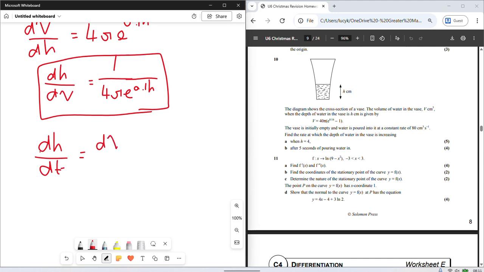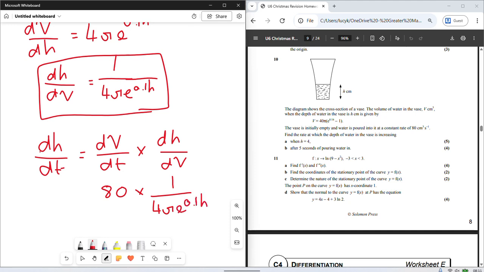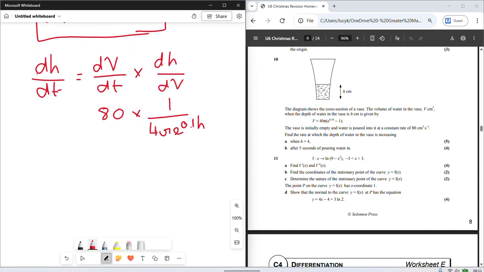It's dV by dt times dH by dV. dV by dt was the constant rate of 80, and then dH by dV is 1 over 4 pi e to the 0.1h. Okay, let's tidy that up. It will be 80 over 4, which is 20, I believe.